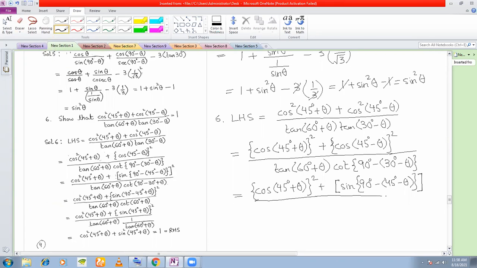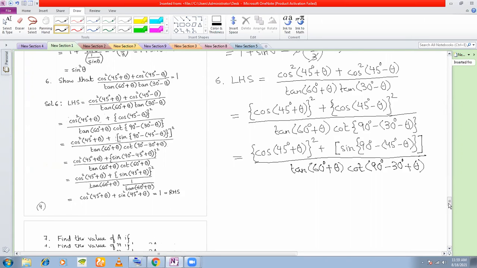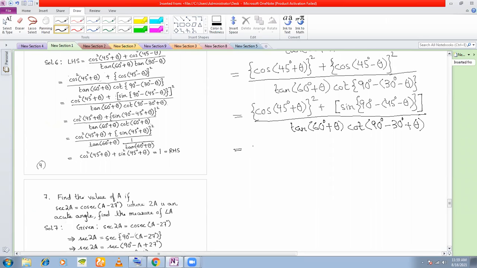And in the denominator, you get tan 60 degree plus theta into cot. You get here, if you open the brackets, 90 degree minus theta minus 30 degree plus theta. Now see what happens. You get cos 45 degree plus theta whole square.